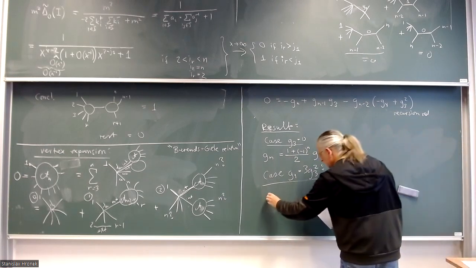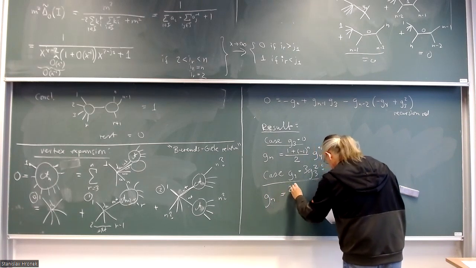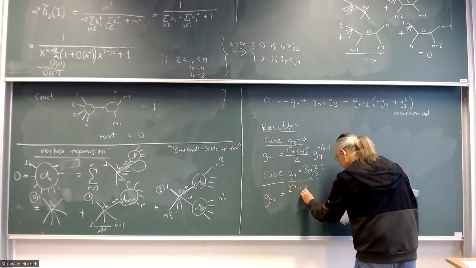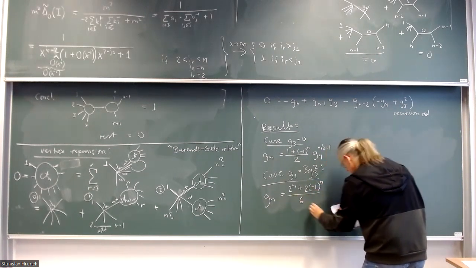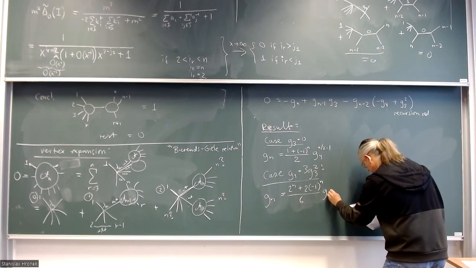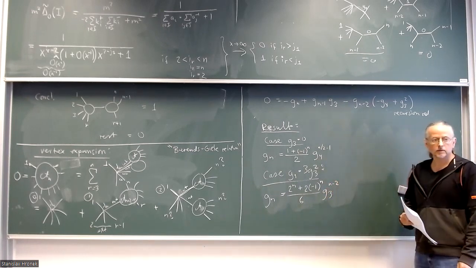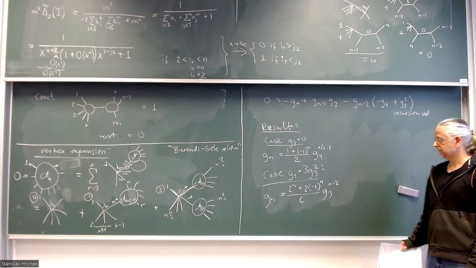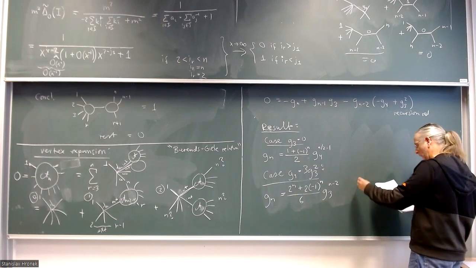And in the other case, you get that Gn has to be equal to 2 to the n plus 2 minus 1 to the n over 6 G3 n minus 2. You get these strange numbers. This one is particularly simple.